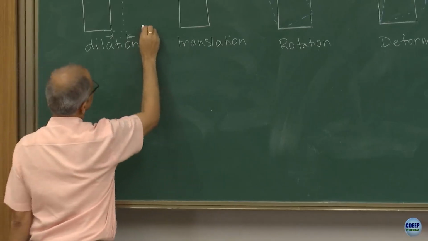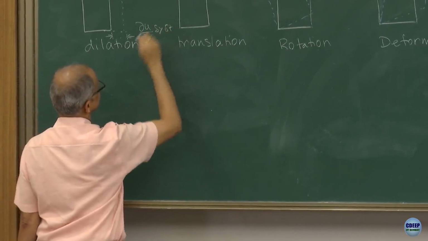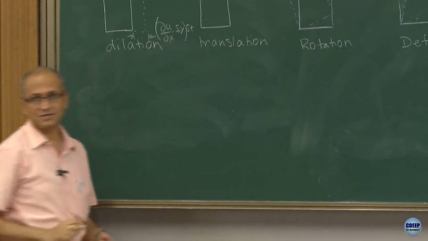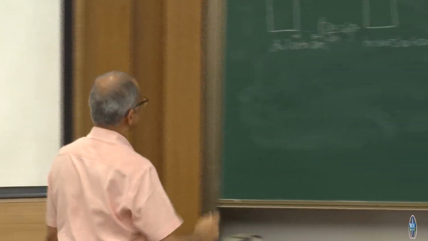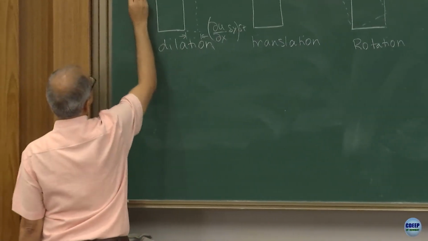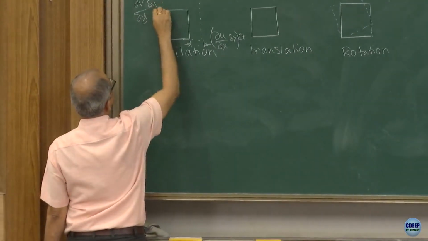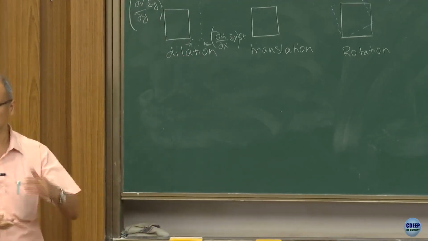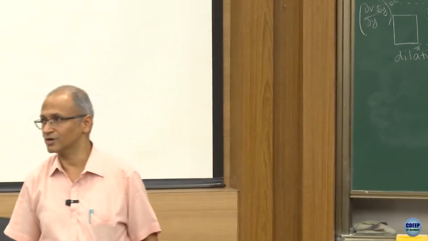This extra velocity is dou u by dou x times delta x, and if I multiply it by delta t, that will be the extra amount of movement that point B will experience. Similarly, point D would experience an extra velocity, which is dou v by dou y times delta y times delta t. So this is my dilation.